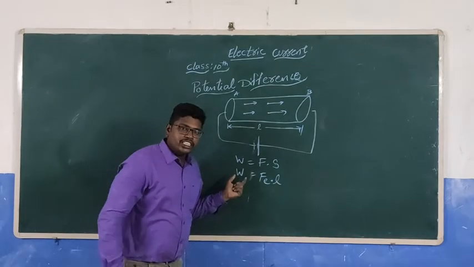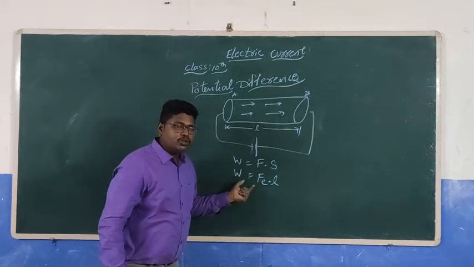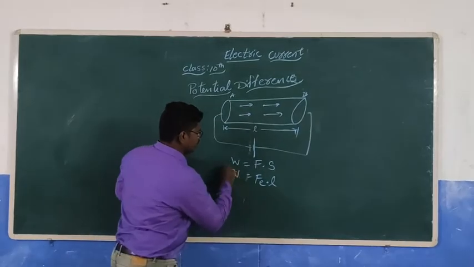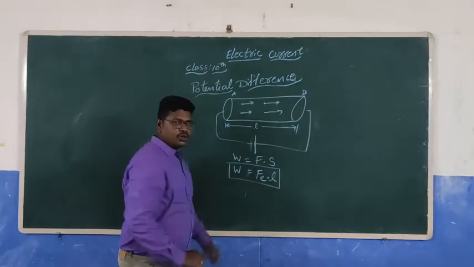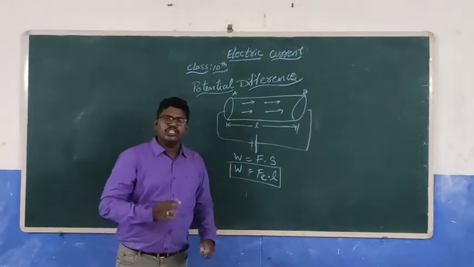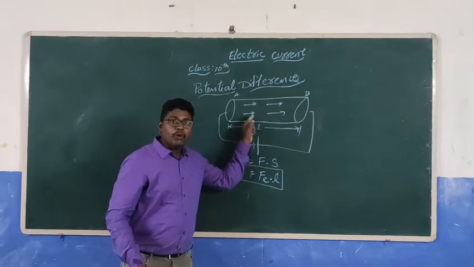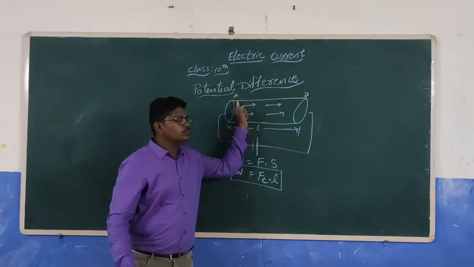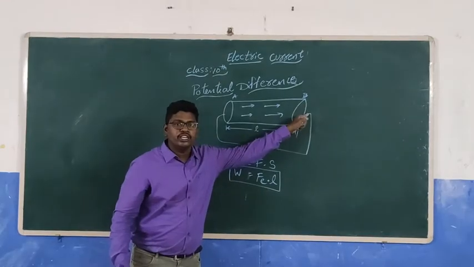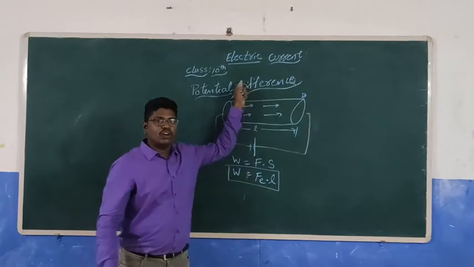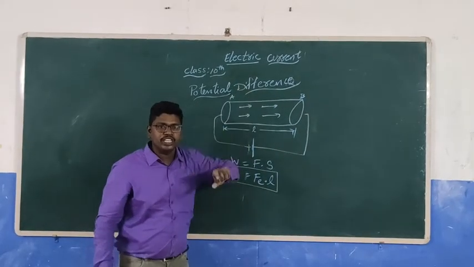So here this work done is equal to the potential difference. What is the potential difference? The work done by a positive charge when it is moved from A to B in a conductor is called a potential difference. Once again I repeat.